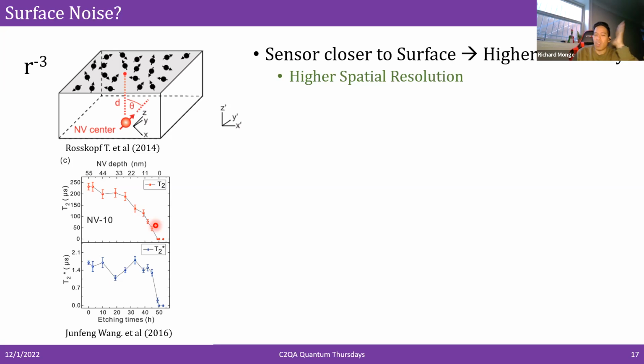And this is a well-known phenomenon that has been studied in the context of superconducting quantum interference devices and donor spins in silicon. So this enhanced source of noise from the surface of the diamond is mostly attributed to magnetic noise from unpaired electrons or electric field noise from surface charges.